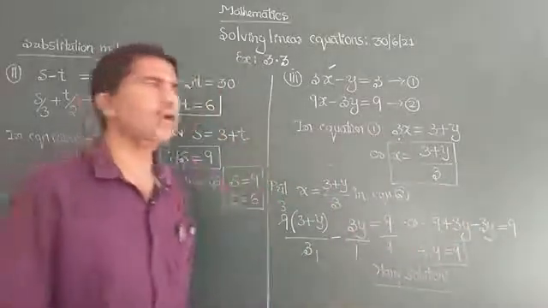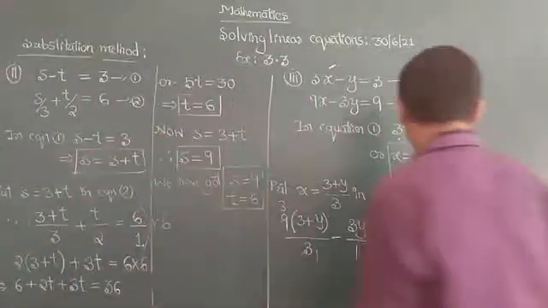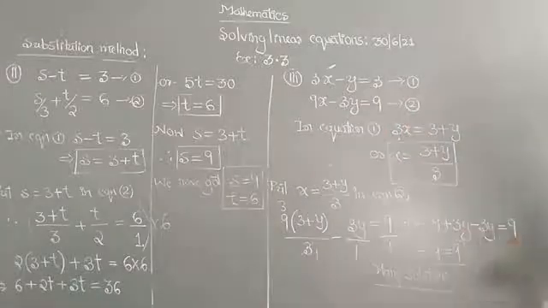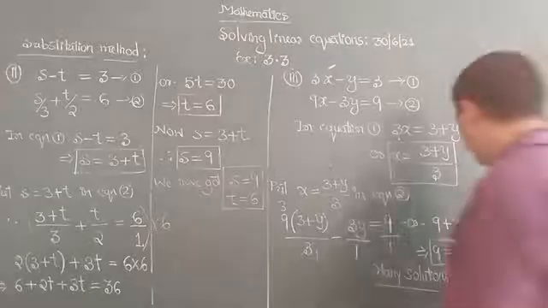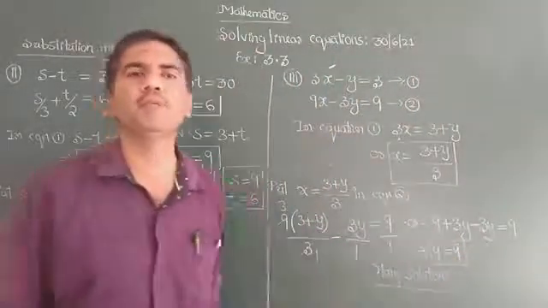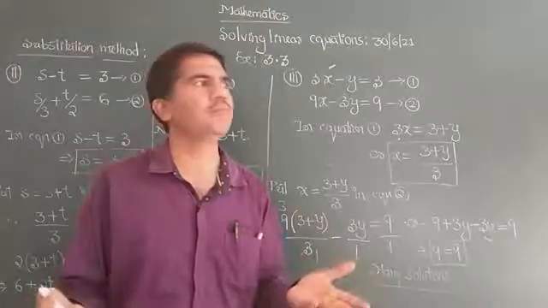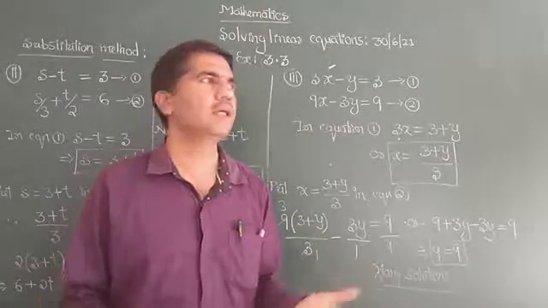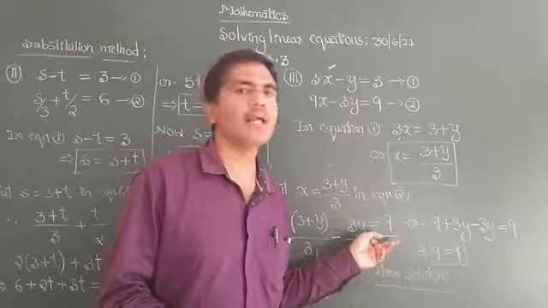What I got, a special thing, is now 3y minus 3y you will get 0 here. What you got now is left hand side also 9, right hand side also 9. There is no variable. Why this kind of situation has arisen?